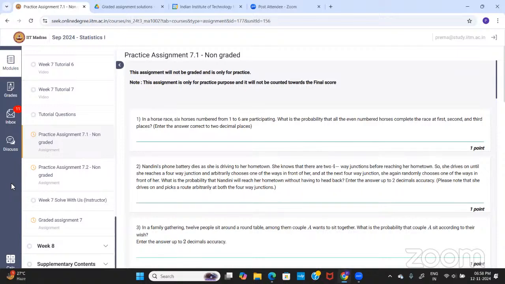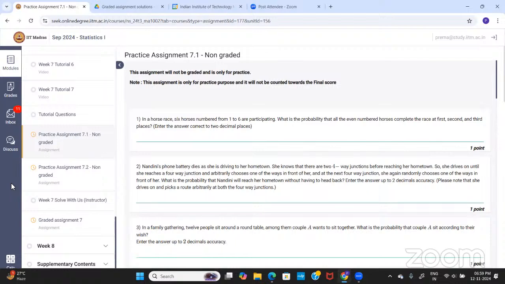Right, once you submit it, and after the deadline, the peer review option will be available. Ma'am, the deadline is tomorrow, so after tomorrow we'll be able to do the peer review, right? Yeah, whenever the deadline is, after that the peer review option will be available, not before. Okay, we need to wait for the deadline to be over, then it will show the peer review. Yeah, and you have to do at least 3 peer reviews.